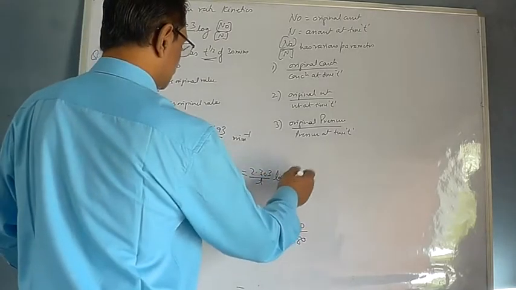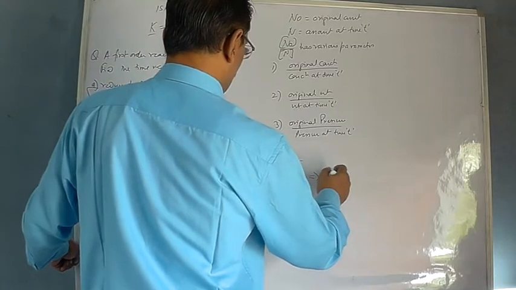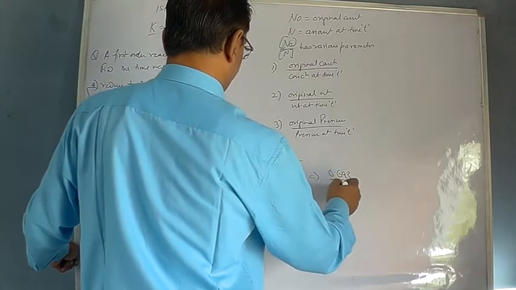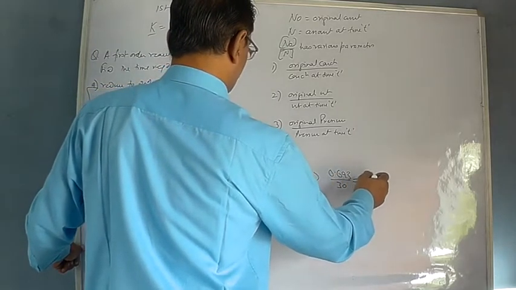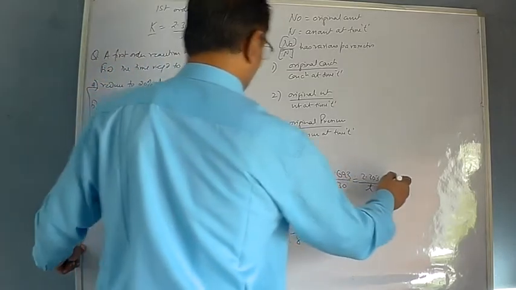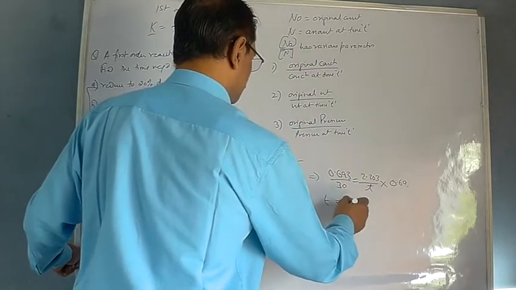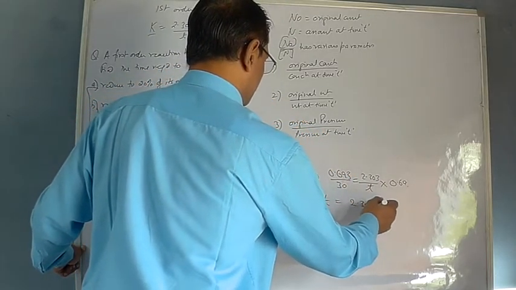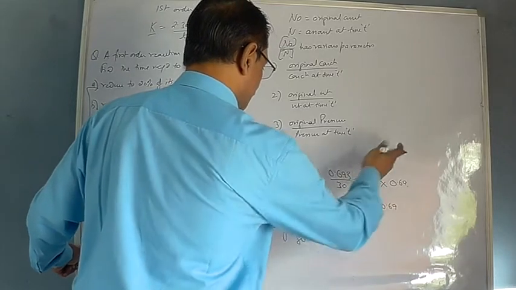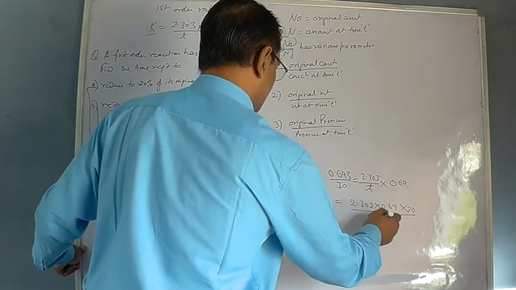Let us solve it, class. Log 5 is 0.69, so I can write 0.693 upon 30 equals 2.303 upon t multiplied by log 5. So t goes up: 2.303 multiplied by 0.69, and 30 also goes up, divided by 0.693.